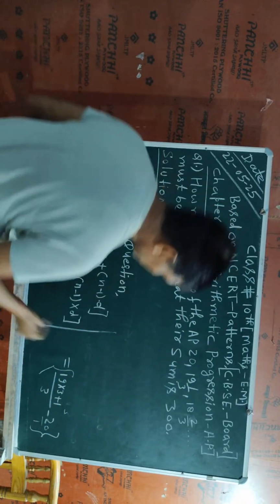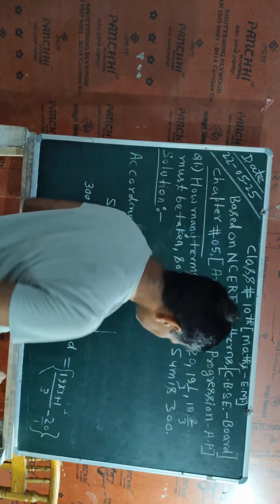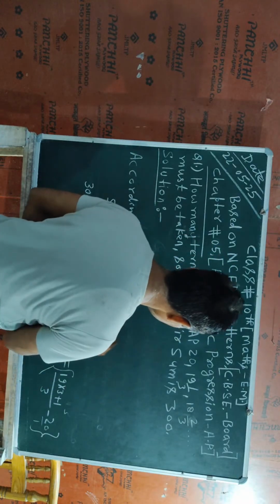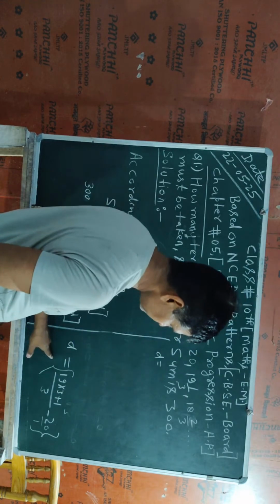What will be its value? So here I have written d is equal to this much. So here I will say d is equal to, after this I am going to simplify.